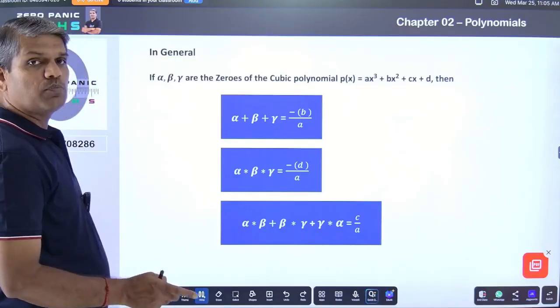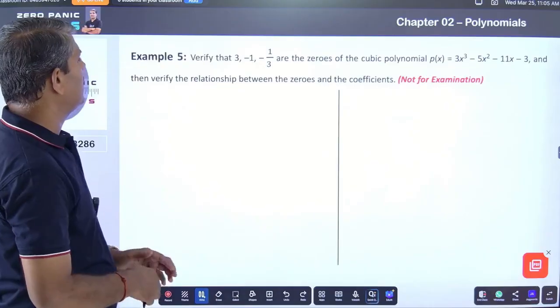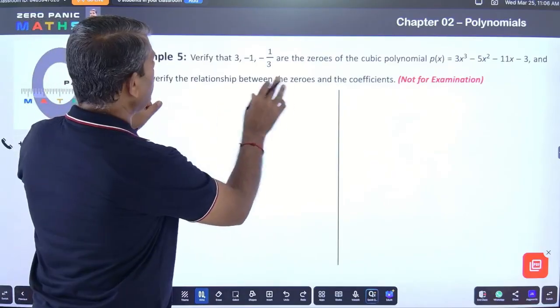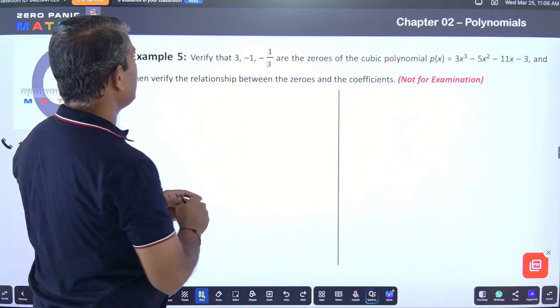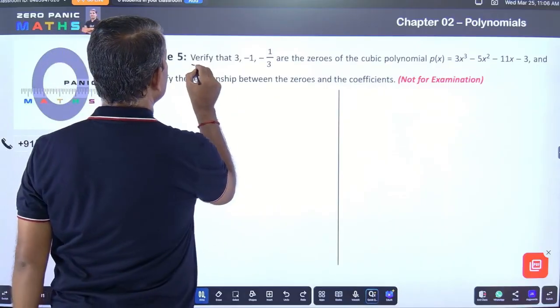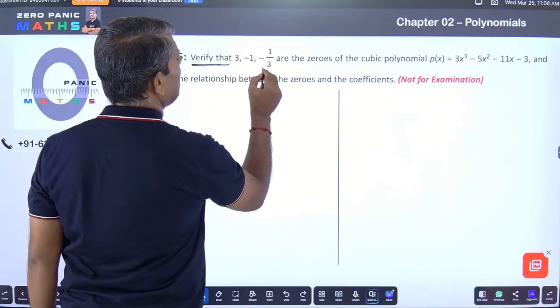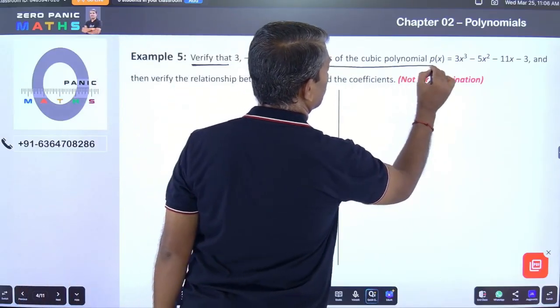Let us move to the next example. This problem has two parts. In the first part, they want us to verify that these three are the zeros of a cubic polynomial.